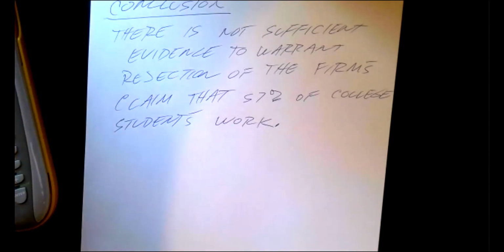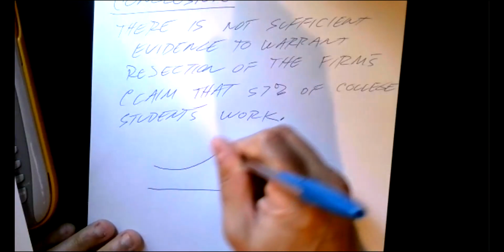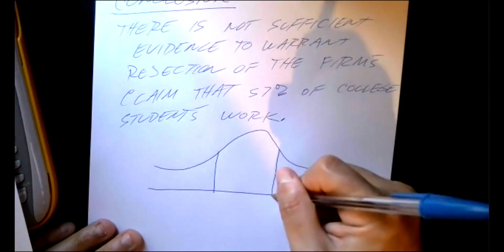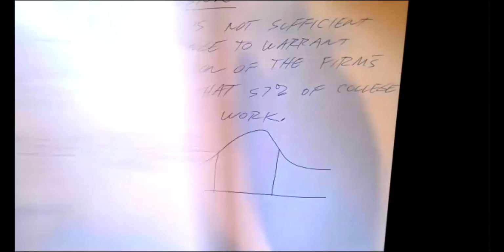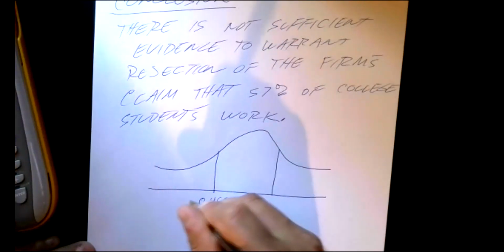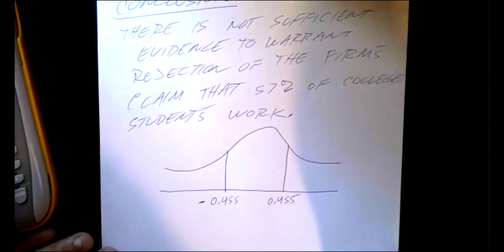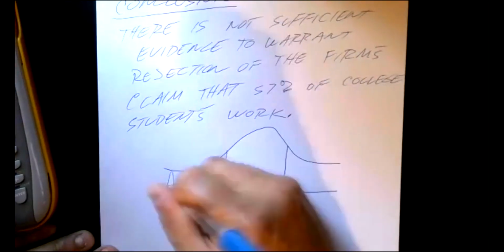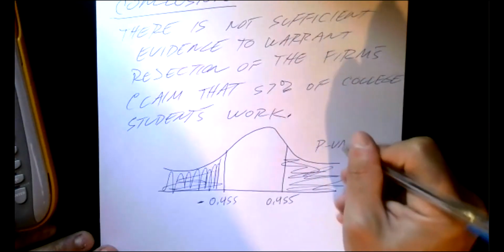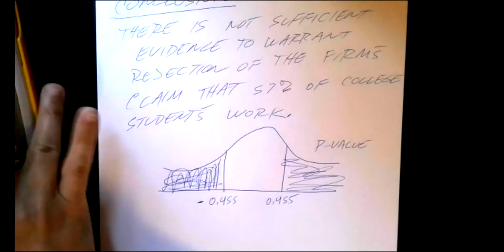Now, if you wanted to do this problem using p-values, you could. Still using z. Still two-tailed. The test statistic was 0.455. And the area in the tails would be the p-value. So let me find the area in this tail using normal CDF.